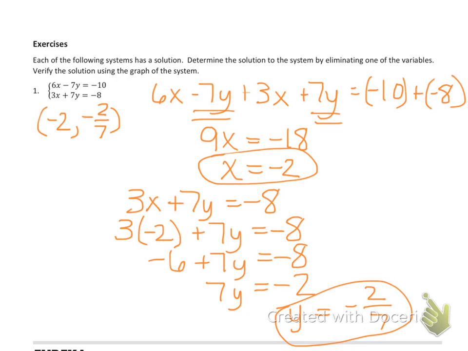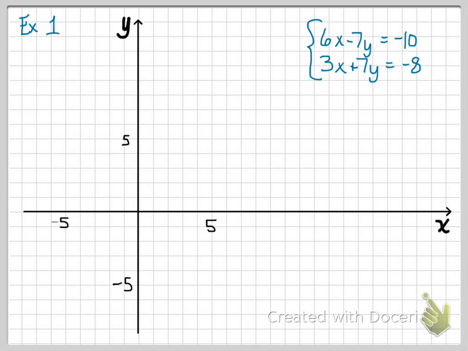And so what we want to do now is look at the graph, and we want to solve that by graphing. A lot of the equations in this topic don't graph real nicely. It's hard to find nice ordered pairs for them. So we're just going to do it roughly. So let's look at making a table for both of these.